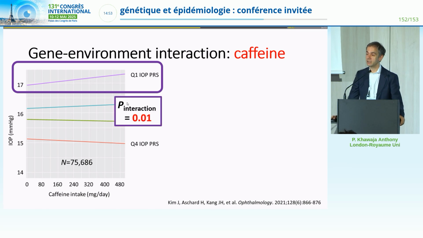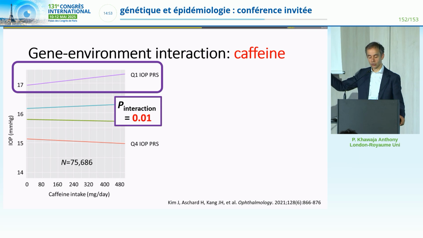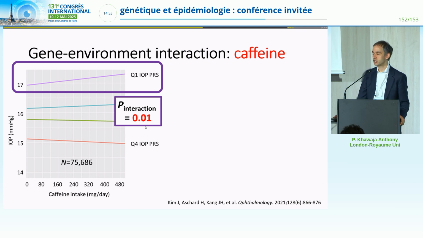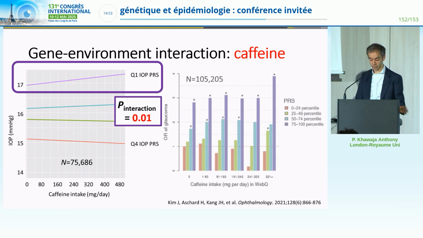And that's called a gene-environment interaction, when, depending on your genetic score, caffeine may or may not be associated with higher intraocular pressure. And people in this field will know it's very hard to get a significant gene-environment interaction unless you've got very big studies. So this was an exciting result.